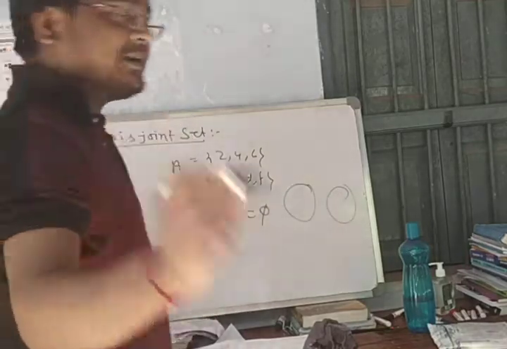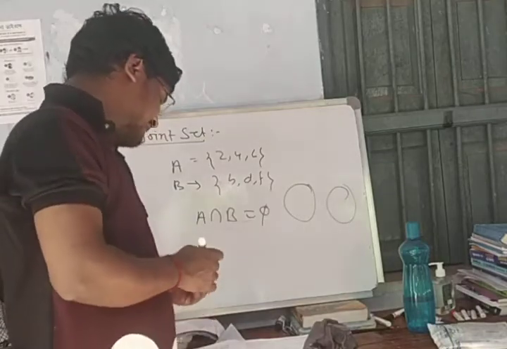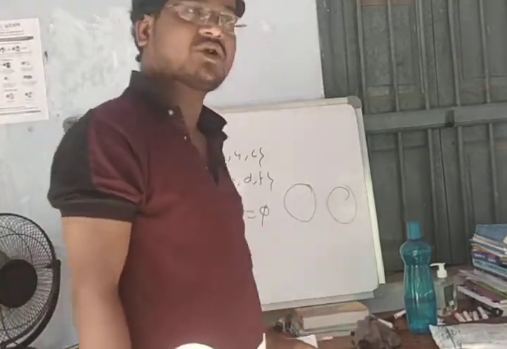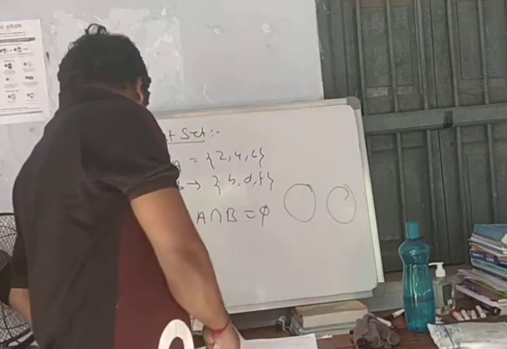There are no common elements. Therefore, we can say that these sets are disjoint sets.